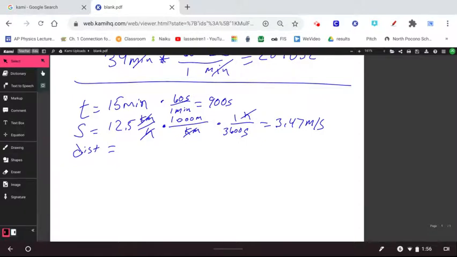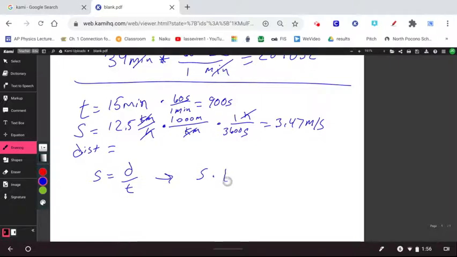Okay, so in terms of distance, we would have had speed is equal to distance divided by time. So that means that speed times time is distance. So the speed was 3.47. The time was 900.